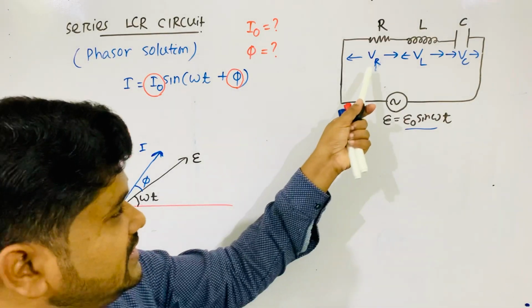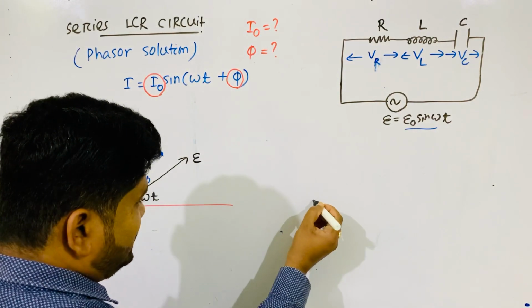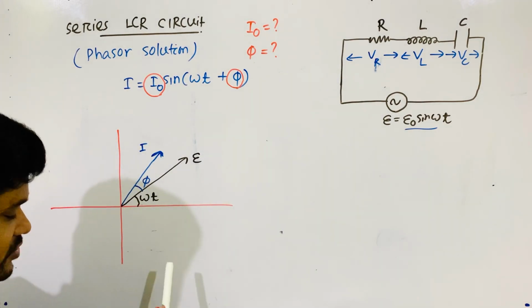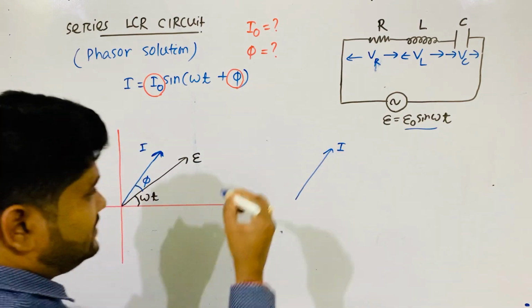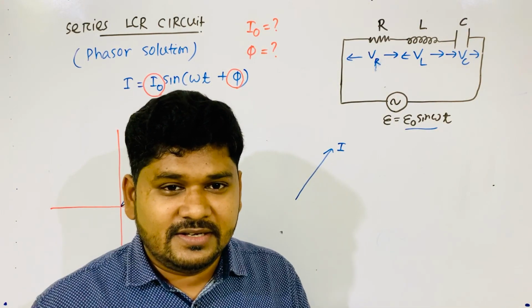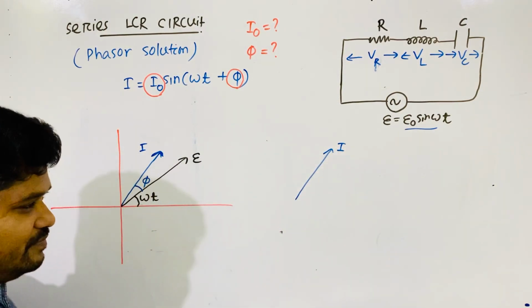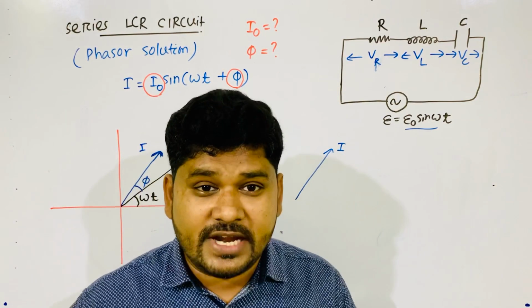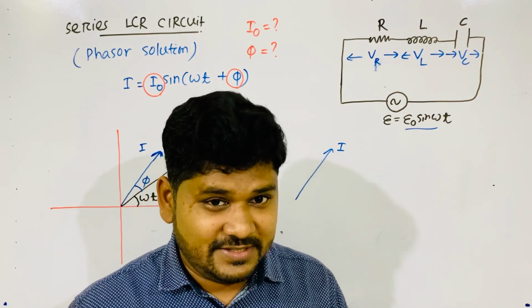What happened here? If this is the voltage and this is the current, I am drawing it separately. This is the current. Then where will the voltage lie? If this is the current, how much angle will the voltage make with this current? Yes, you are correct.